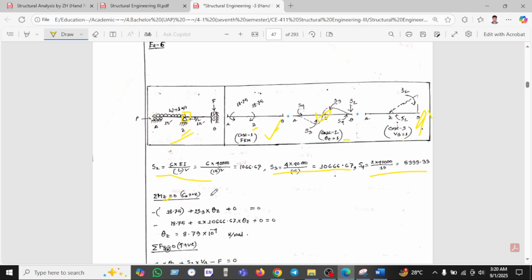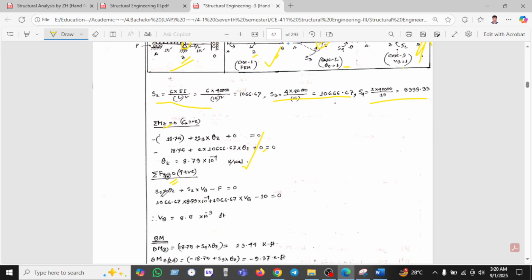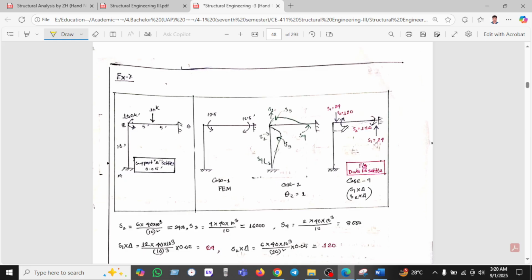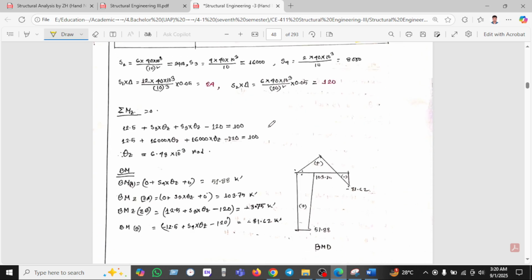So after putting and forming this, and f of y, we can calculate f of y, theta z, and forming theta, and the bending moment diagram we have one also calculating here. Another example we can see, and here the fixed moment is case 1, that means the rotation is here. Case 2, that means the upward pressure is here.